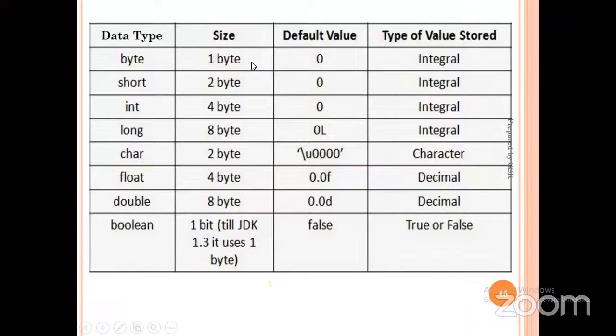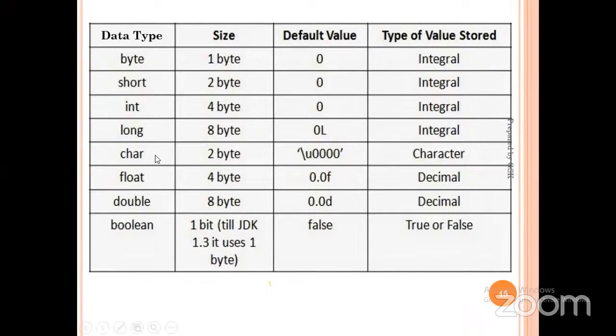In C language, the integer size may vary from operating system to operating system. You may get different answers, 2 bytes or 4 bytes or 8 bytes. But here the answer is fixed: byte is 1 byte, short is 2 bytes. This doesn't depend on the architecture.